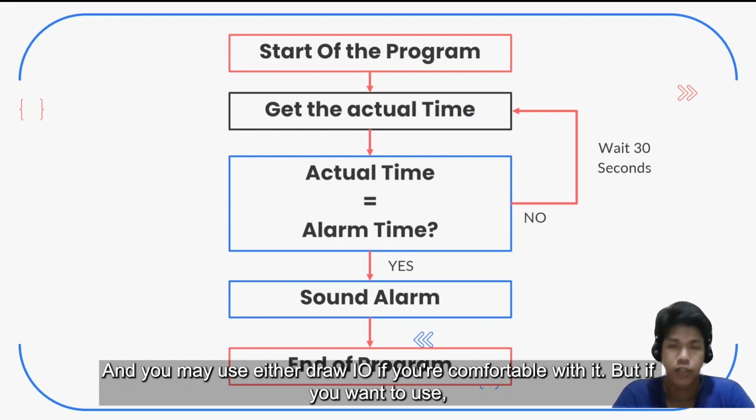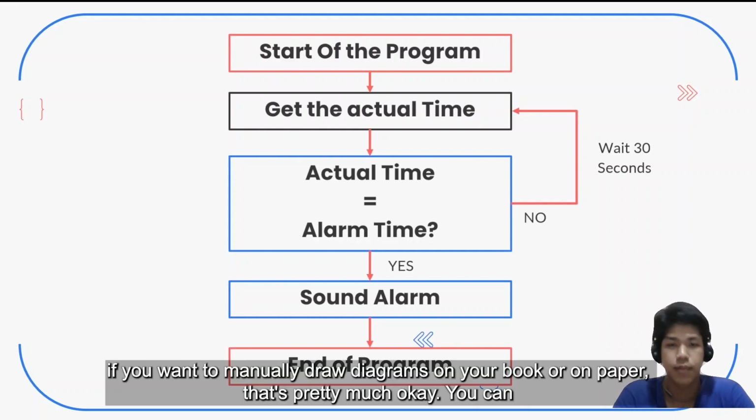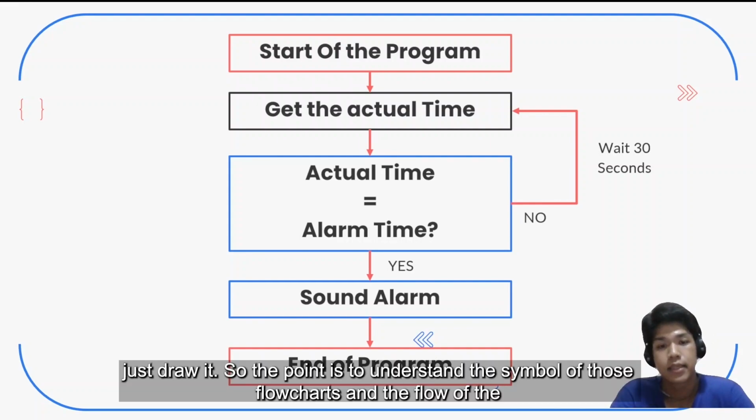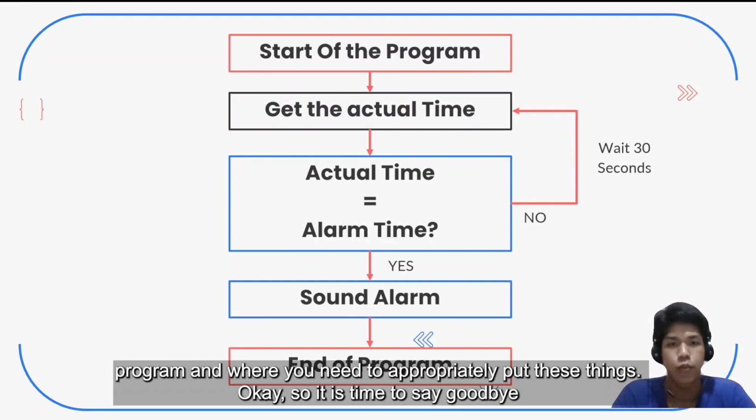But if you want to manually draw diagrams on your book or on paper, that's pretty much okay. You can just draw it. Though the point is to understand the symbols of those flowcharts and the flow of the program and where you need to appropriately put these things.